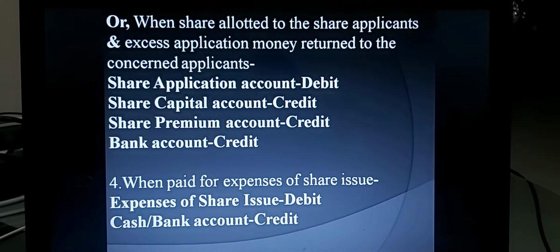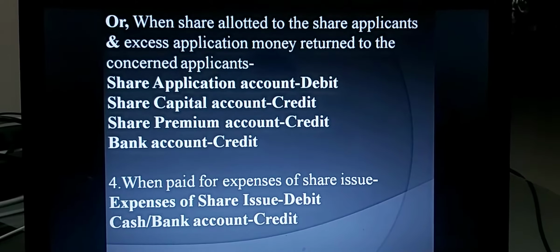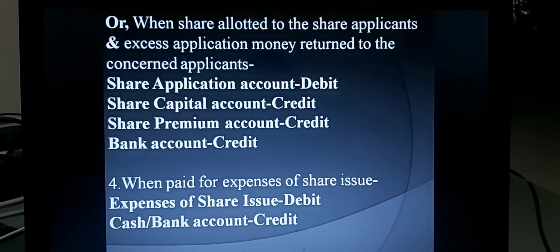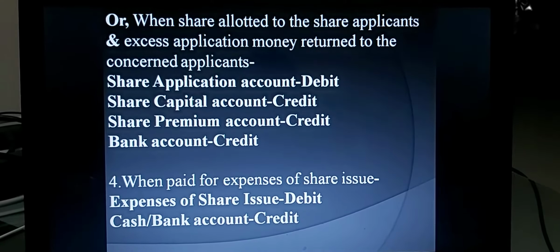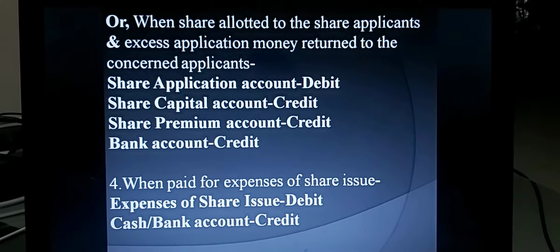Number 4, when paid for expense of share issue, the journal is expense of share issue debit or preliminary expenses debit or underwriter's commission account debit, bank account credit.